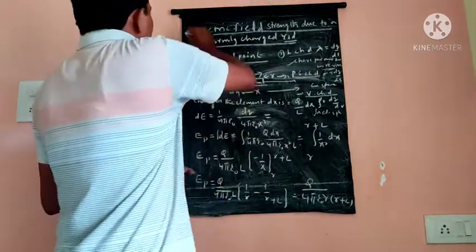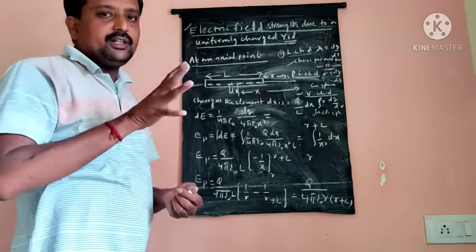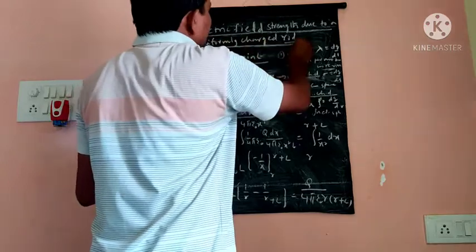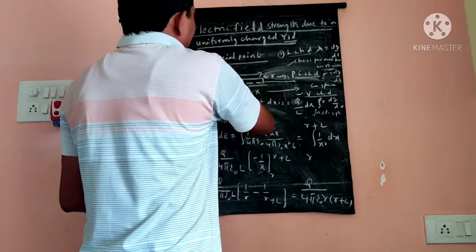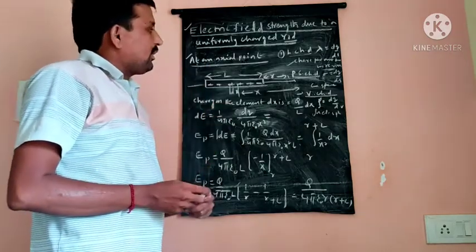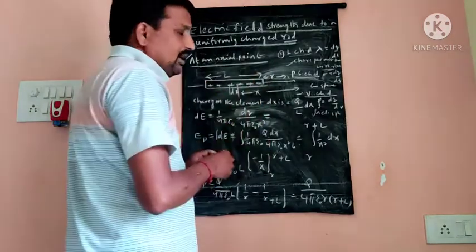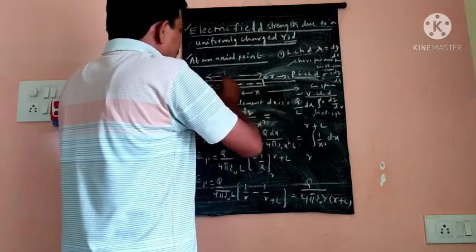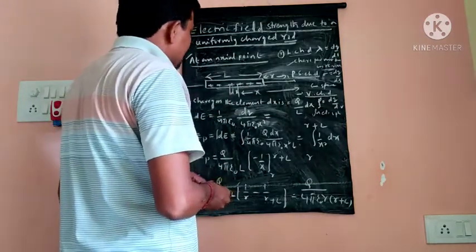Today we explain the electric field strength in different cases, for example a uniformly charged rod at an axial point of the rod. Let us consider a uniform rod of length L, with the charge located along its length.